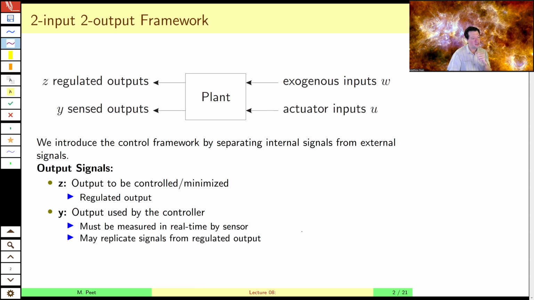So there's a 2-input, 2-output framework where we want to separate the things we want to minimize the effect of, things we cannot control, and things we want to minimize the effect on, things we want to be small.